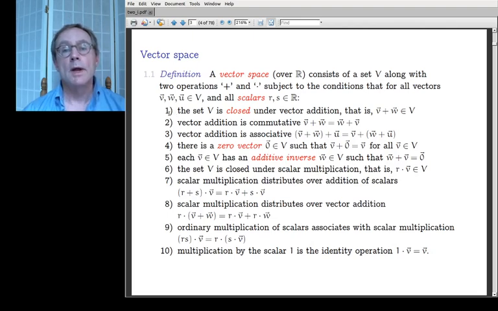The ones that are more interesting, a mathematical word that means sort of hard, or maybe the heart of the question lies here, are conditions 1 and 6. In condition 1 and condition 6, we had to check that if you add two vectors, two members of the space, you get a member of the space. And if you multiply a member of the space times a scalar, you get a member of the space.